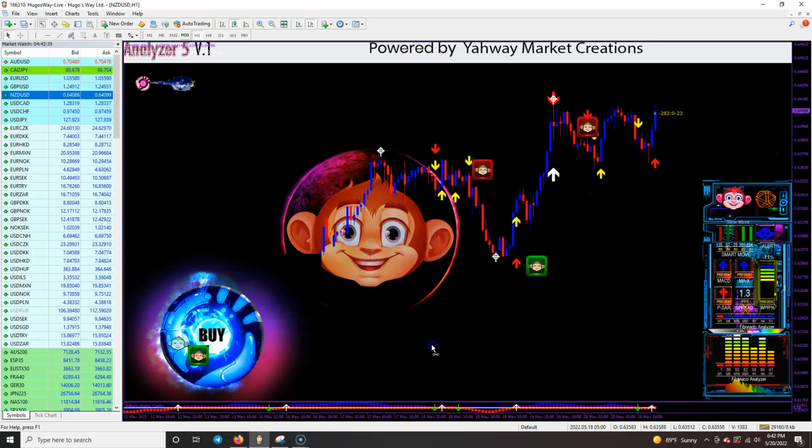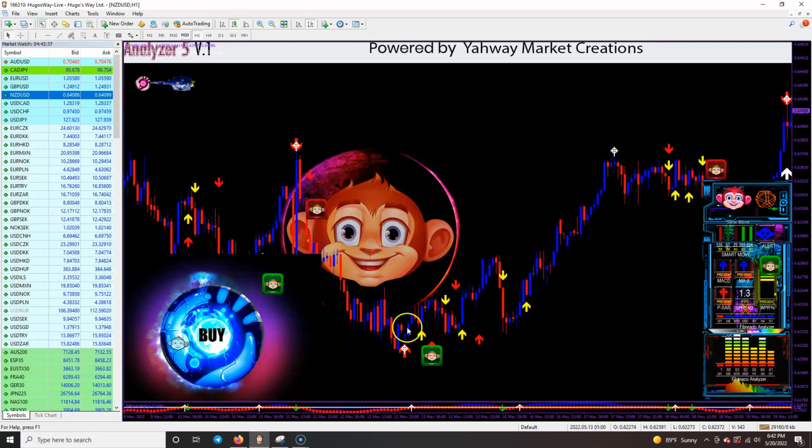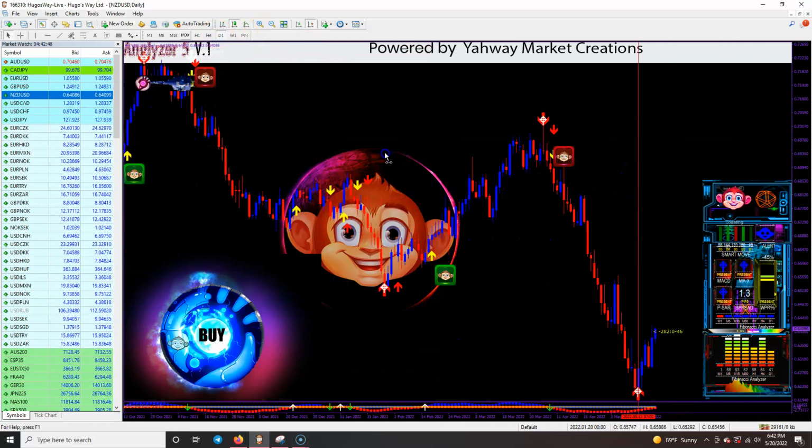So let's look for a good trade. Okay, so it went up here on the 1 hour. We got the signal here to go up. Now let's track that on the daily. Okay, it went up here on the daily. This was a good trade because it was going up on the daily.